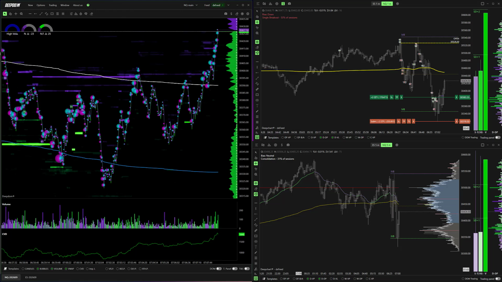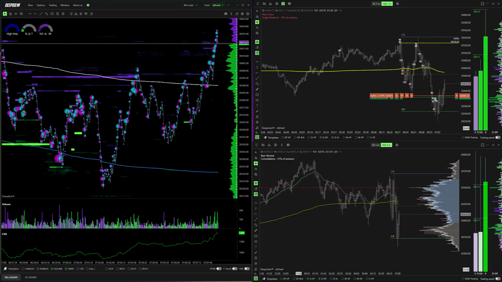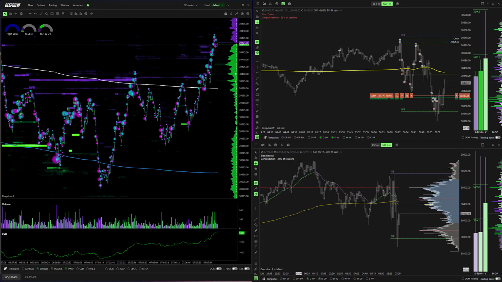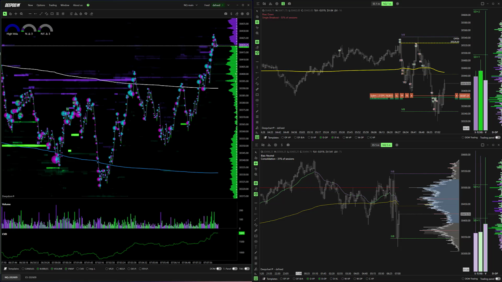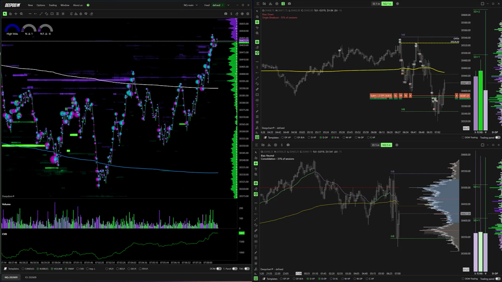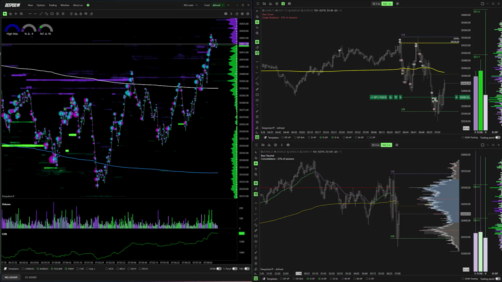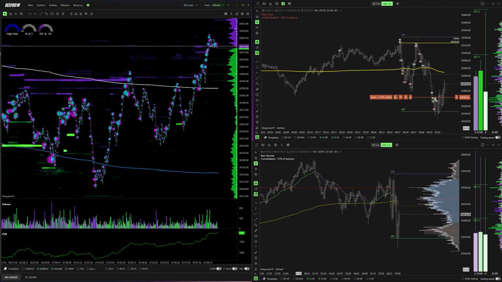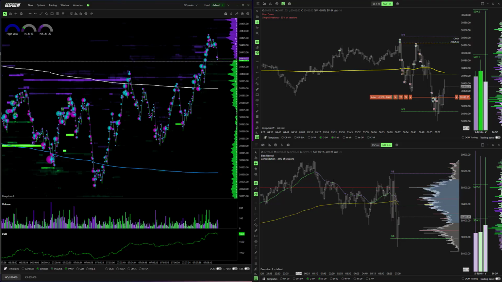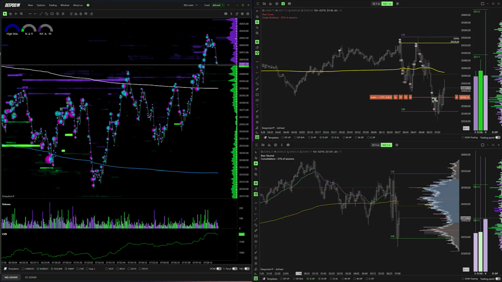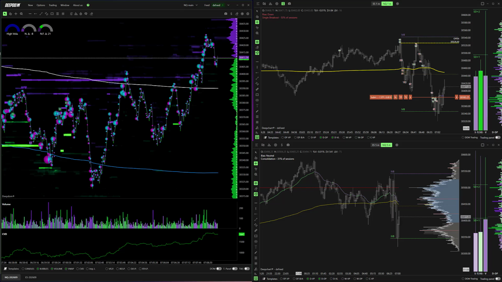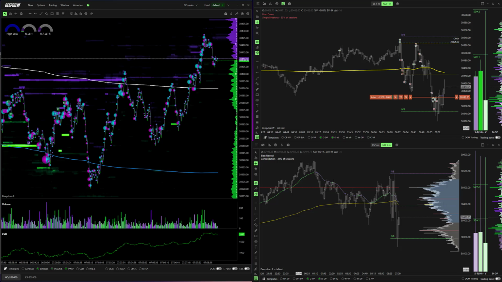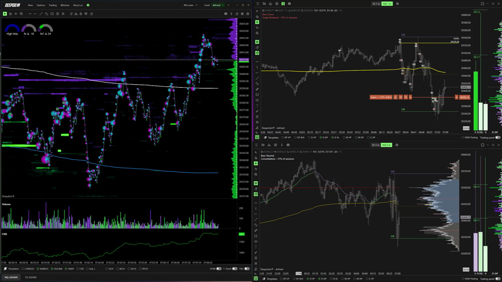My expectation was that value would begin shifting higher, and the point of control would eventually migrate upwards. Once this was confirmed, I entered the long. The trade played out exactly as I anticipated. The lesson here is that cumulative delta can provide some clues if you combine it with market profile. Neither tool is perfect by itself, but together they become a lot more powerful.